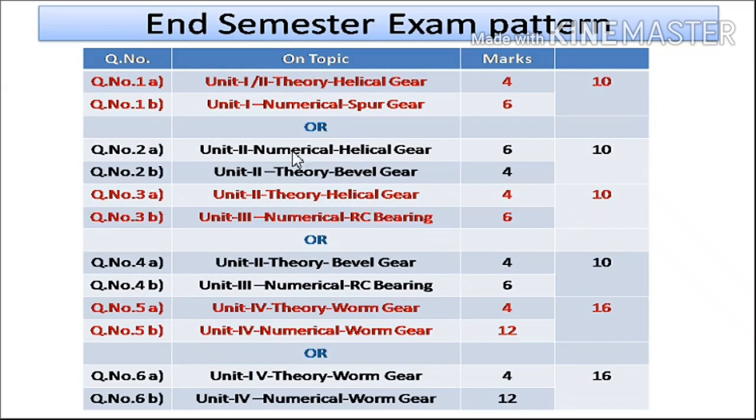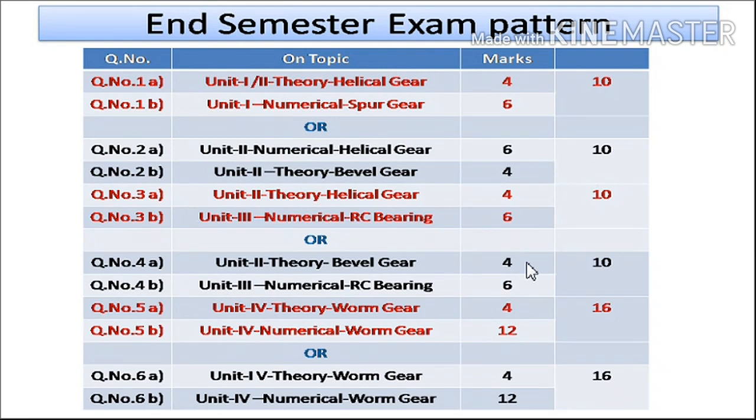Question number 1 and question number 2 is asked for 10 marks, and question number 3 and 4 is also asked for 10 marks. So basically end semester examination is for 70 marks, out of which 20 marks are for the first 3 units and 50 marks are for unit number 4, 5 and 6.